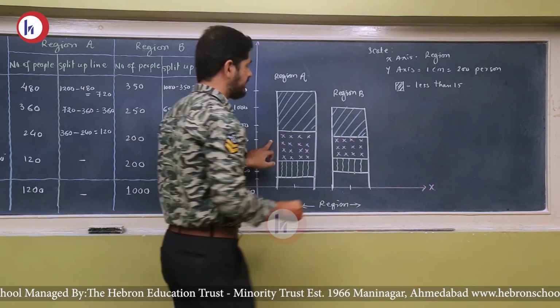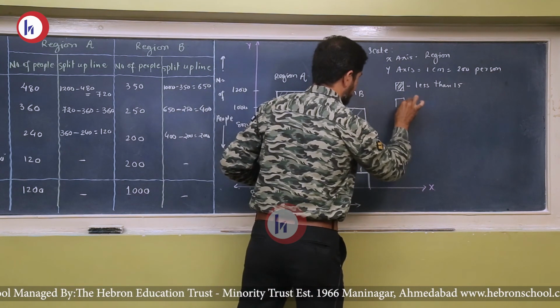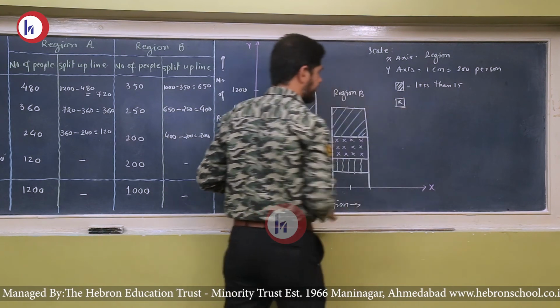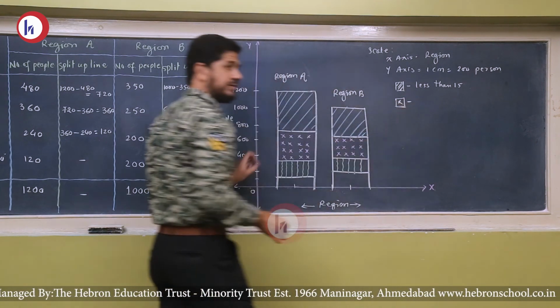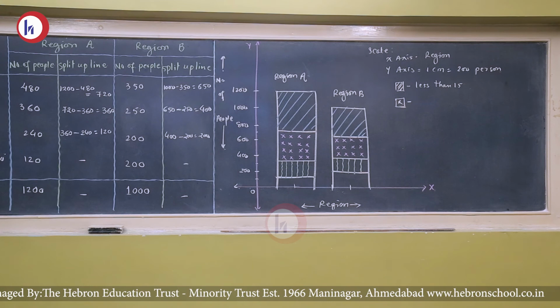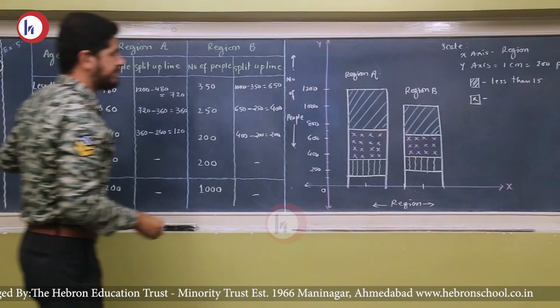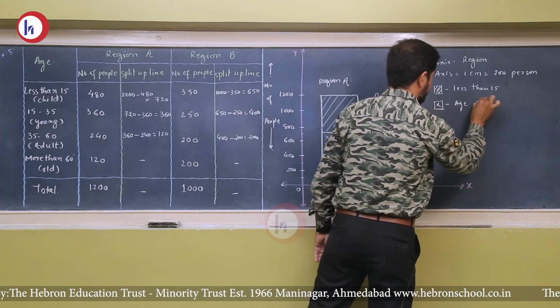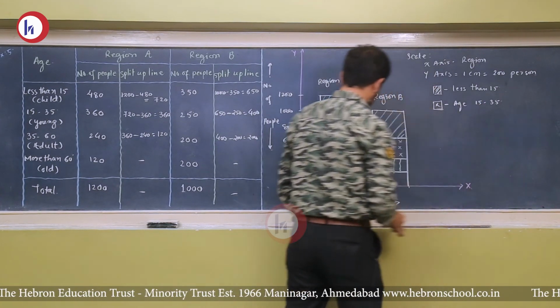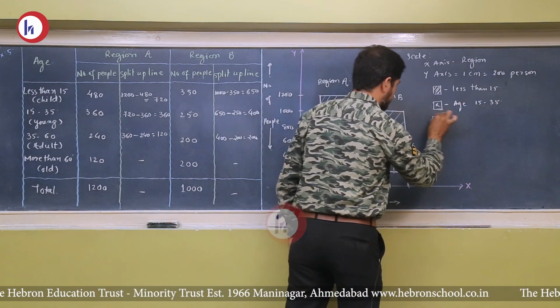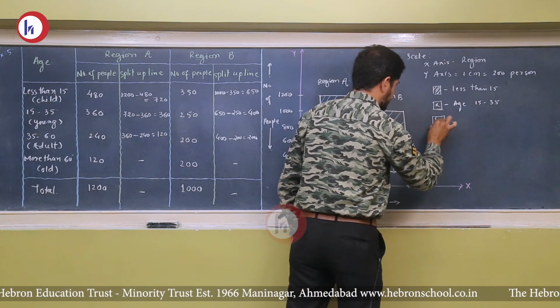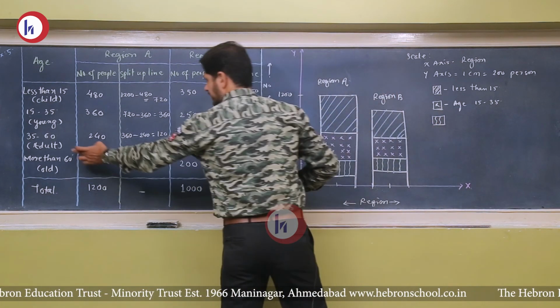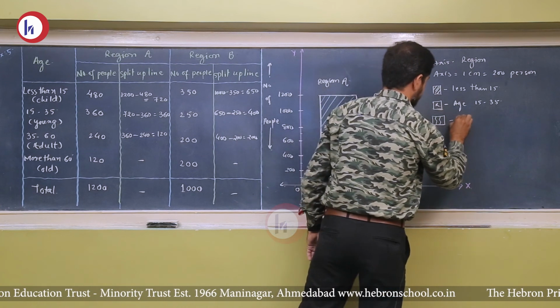Now the second one, we put the cross sign in it. Those are the ages between 15 and 35. Now the next one, those are the ages 35 to 60.